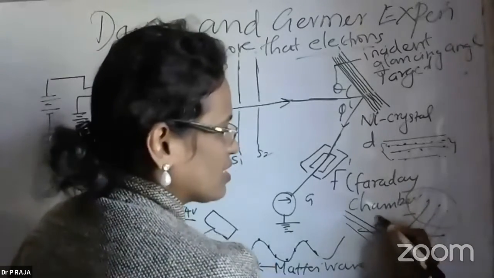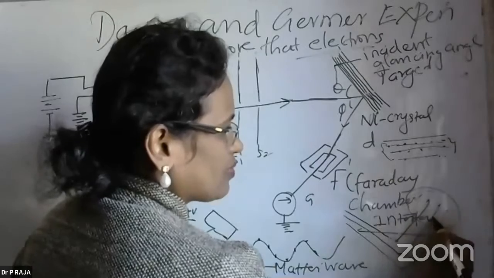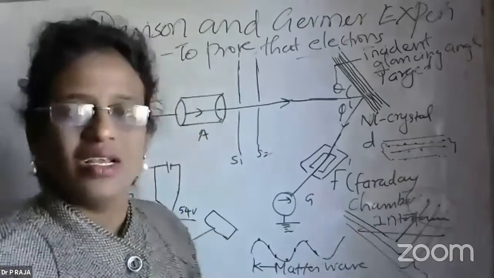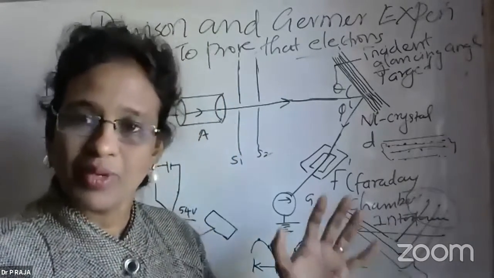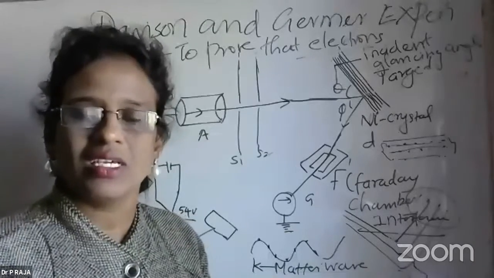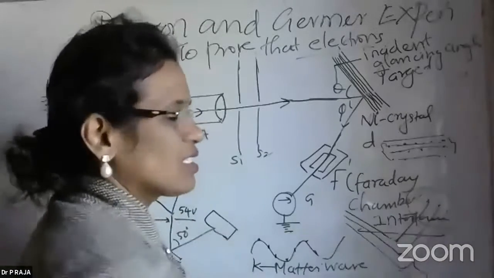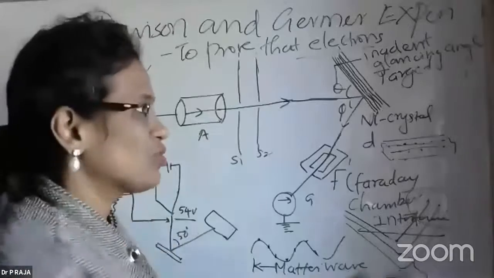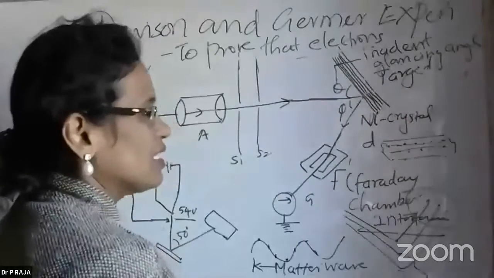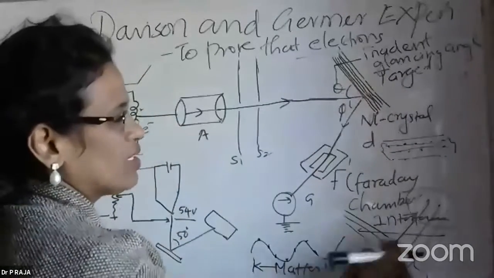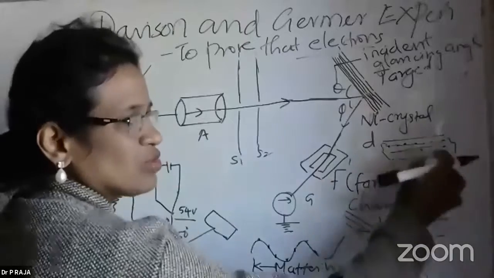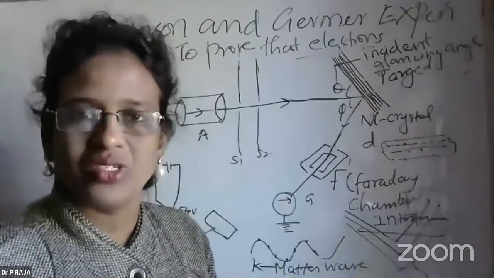Interference takes place here, and that will give rise to a bright image, or there may be destructive interference. So this is what will be happening inside, and in the interference you will get bright or dark images.